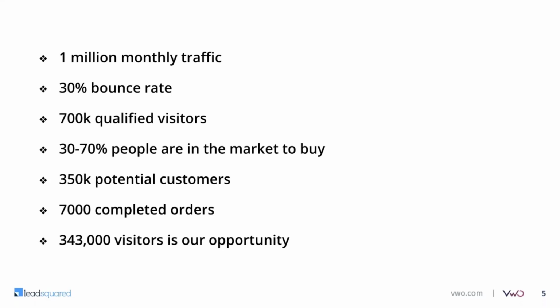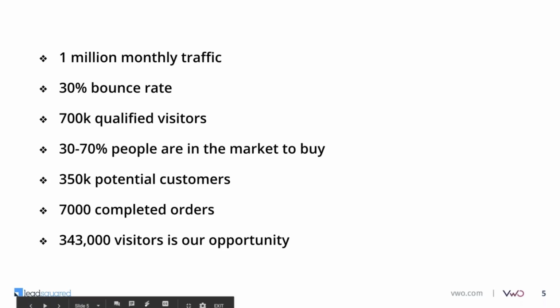I'll talk about certain data points which will help you understand why it is very important to understand what the customer is doing on the website. For example, let's say you have 1 million monthly traffic, and let's take a common industry bounce rate of 30%. Then you have 700,000 qualified visitors.